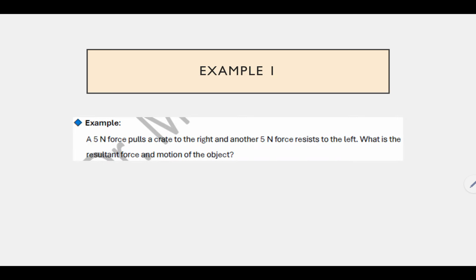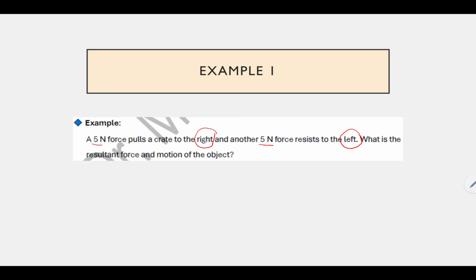Try this example, pause the video, and unpause when you're done. A 5 Newton force pulls a crate to the right and another 5 Newton force resists to the left. What's the resultant force? So we have 5 newtons to the right. I like marking when I'm answering. It makes me see numbers clearly and the directions if there are any. 5 newtons to the left.